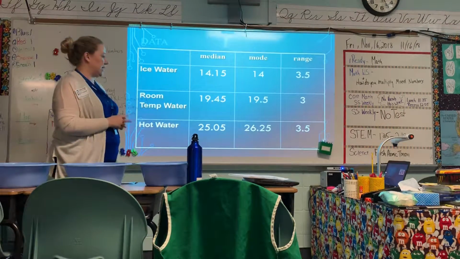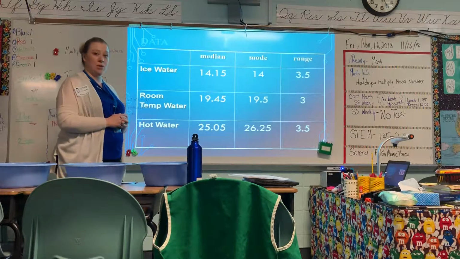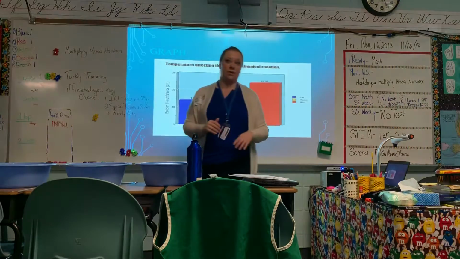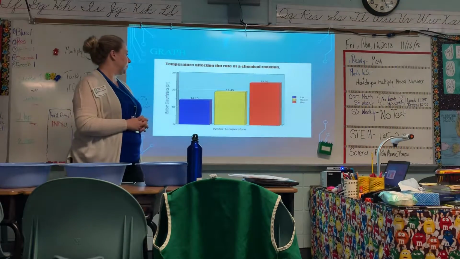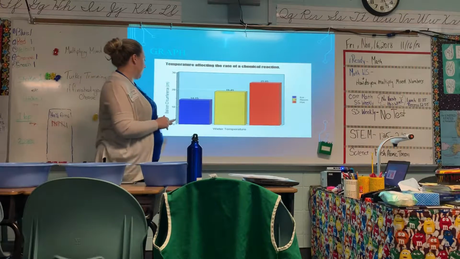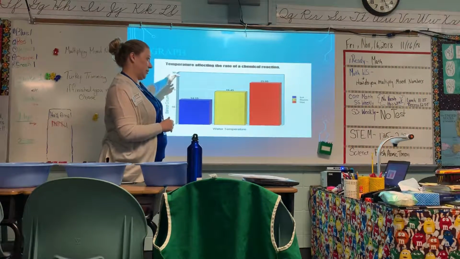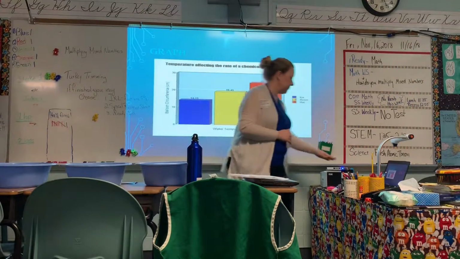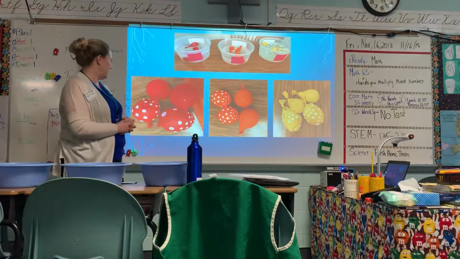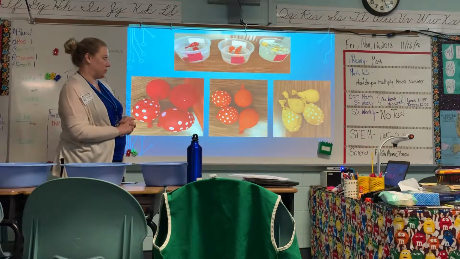And then here's a nicer chart to look at that shows the median, mode, and range. And here is a bar graph for you to look at. As you can see, the balloon circumference increased as the water temperature increased. And these are some photos of the after results.